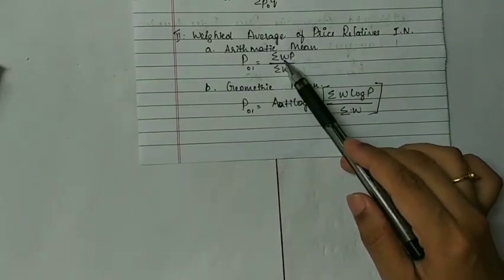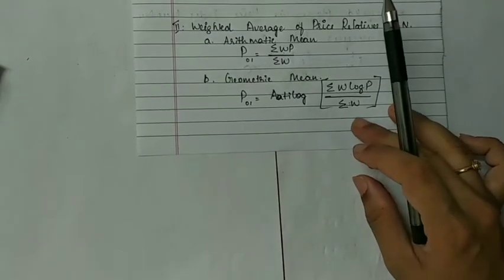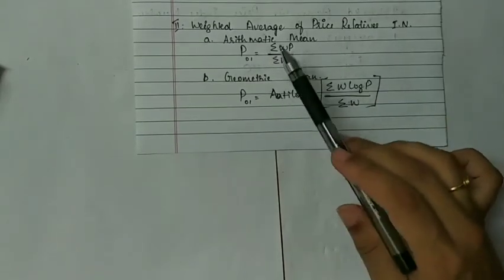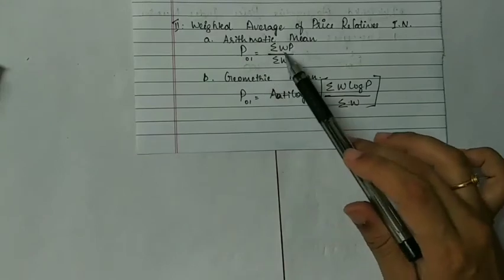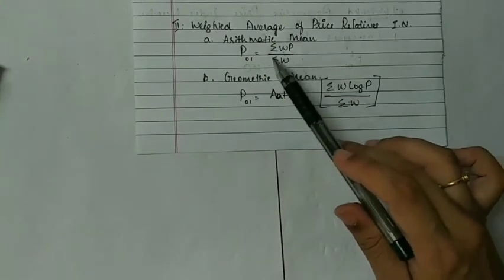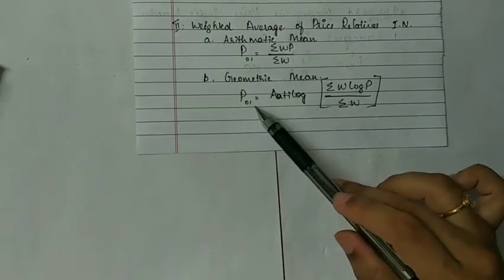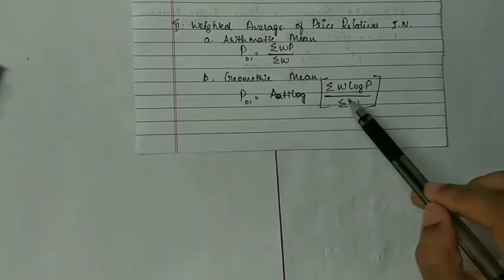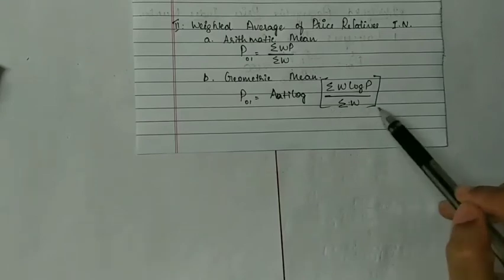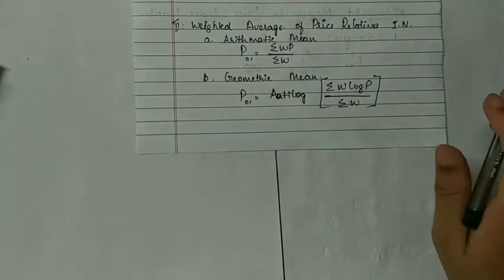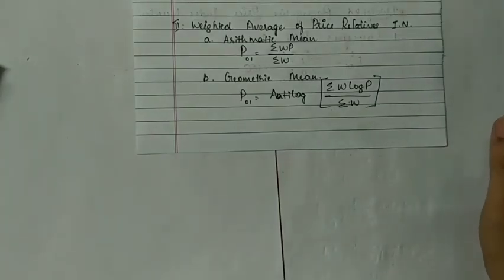Since weight is given, you all know that, right? So arithmetic mean, how to calculate? P01 is equal to summation WP divided by summation W, and when it comes to geometric mean, P01 is antilog of summation W log P divided by summation W. Learn all the formulas by heart.